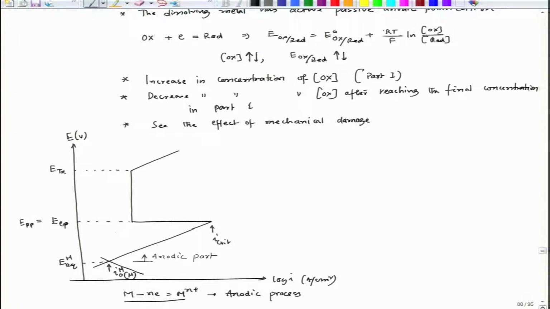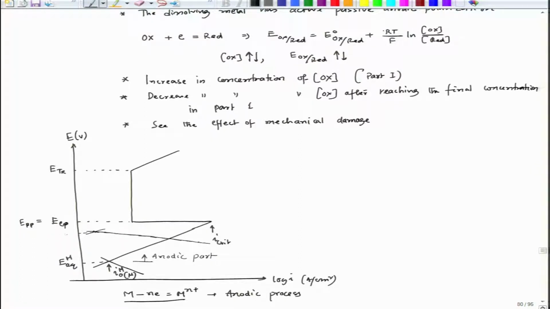Now, let us start with concentration C1. So, this is the polarization part.